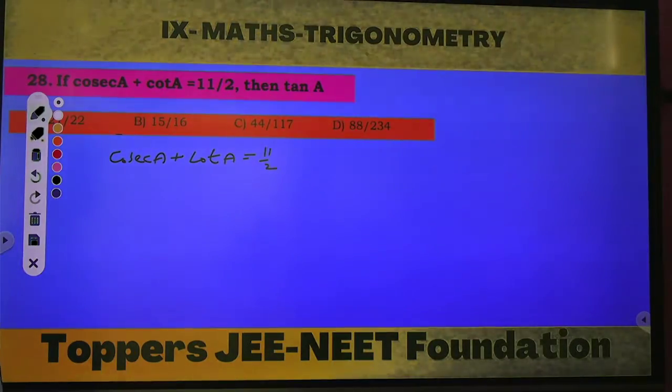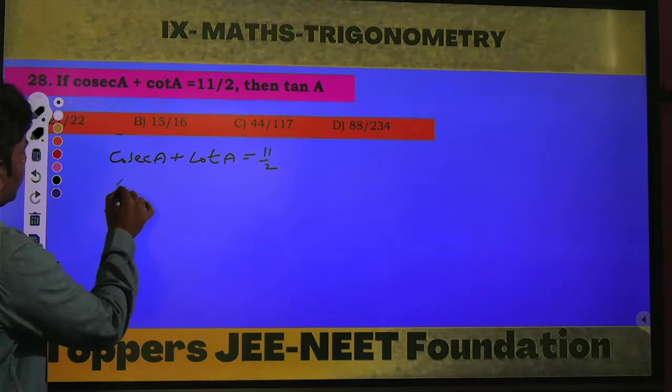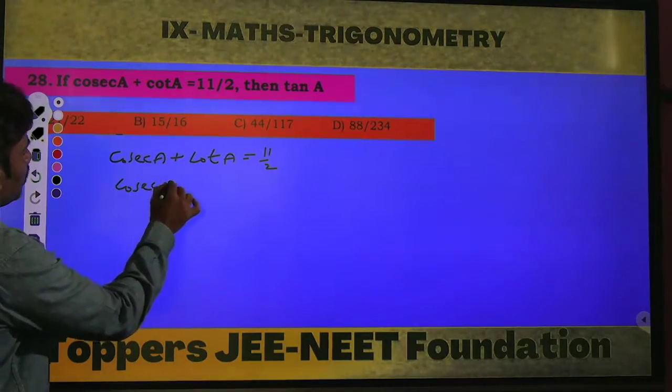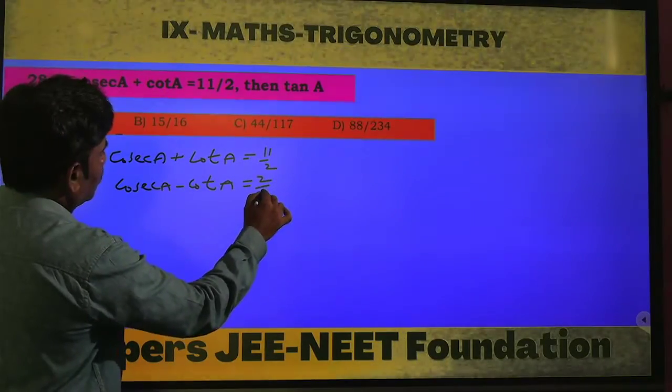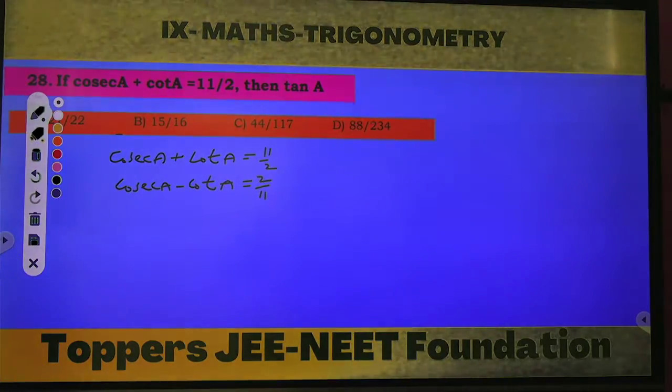We know that cosecant A minus cot A is equal to its reciprocal, that means 2/11.